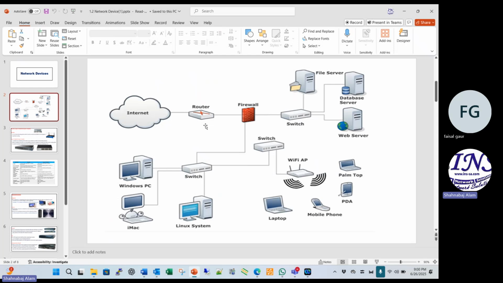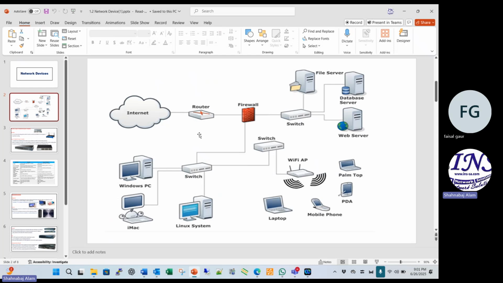MPLS is different, DIA line is different, and the internet line is different. All are internet, but all have different lines. All lines are provided by the ISP. Only the authorized ISP provides those lines, so we can buy through the ISP.